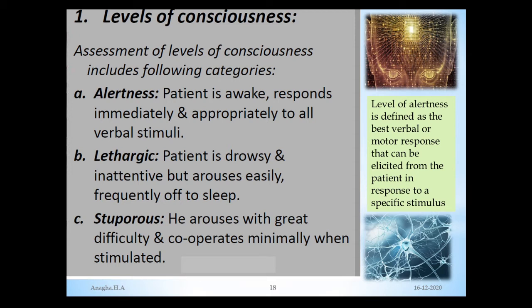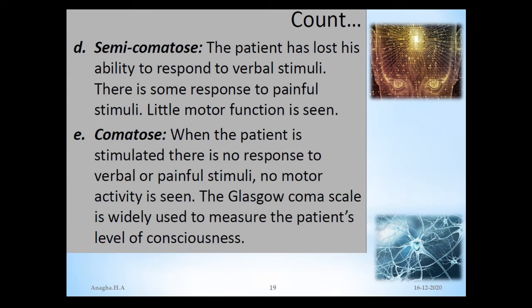Then lethargic state, patient is drowsy and inattentive but arouses easily, frequently off to sleep. Then stuporous, he arouses with great difficulty and cooperates minimally when stimulated. Then coming to semi-comatose, the patient has lost his ability to respond to verbal stimuli. There is some response to painful stimuli and little motor function is also seen.